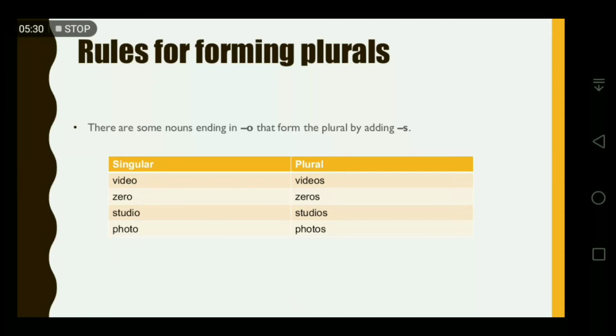But some nouns contain the letter o at the end, and we use only s to change singular to plural, like video, videos, zero, zeros, studio, studios, photo, photos, like this.